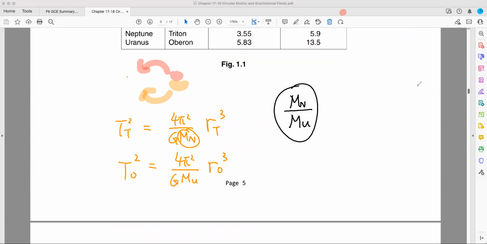So how can we do it? We just use one equation divided by another equation. Then by using some math, you can get the ratio of the masses. Then you can try to do it yourself.